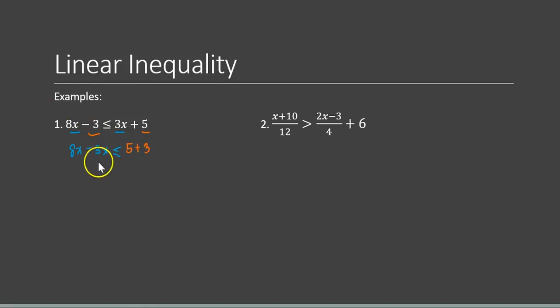The next step is just to simplify things. So 8 minus 3 is 5x. 5 plus 3 is 8. So we divide both sides by 5. Since this is a positive number, we're not going to change our inequality.